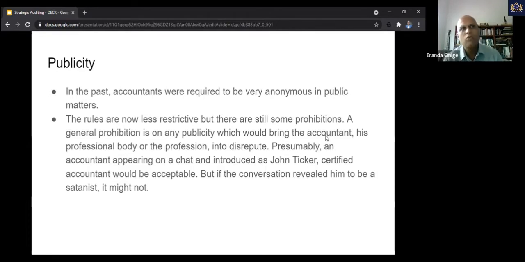You may have noticed this, when the government has taken some kind of decision on some public matter, maybe a new law, a new constitutional amendment, or some kind of new project. You find certain audit firms writing about it, but they are very careful in their language, isn't it?